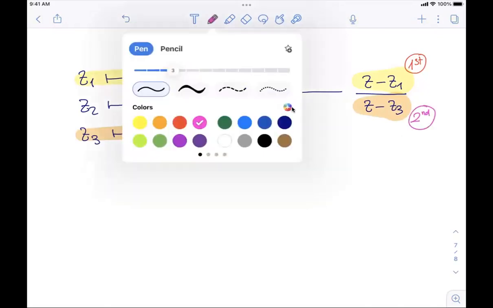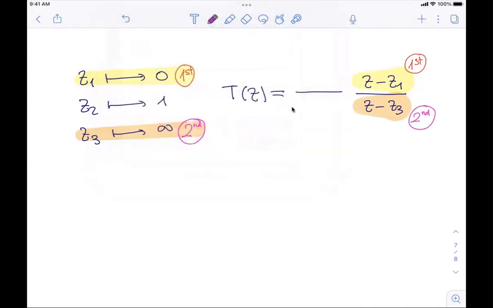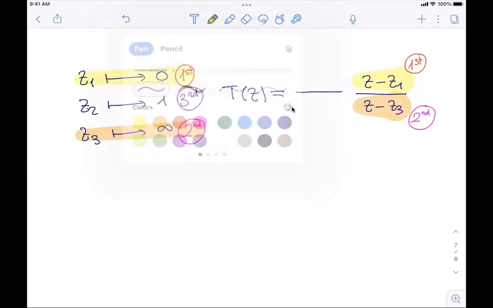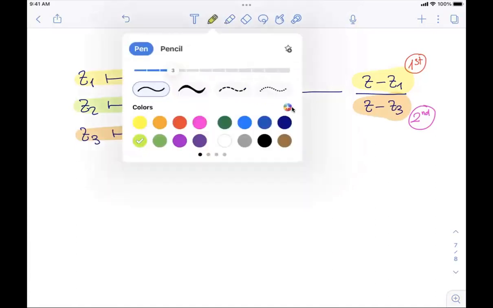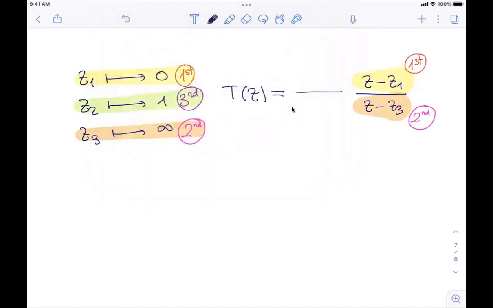And then the third and last is just an adjustment to make sure that when we evaluate z2, we get 1. Now, see how things look now.